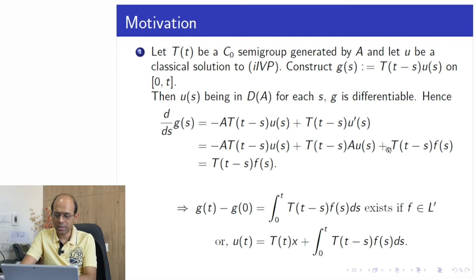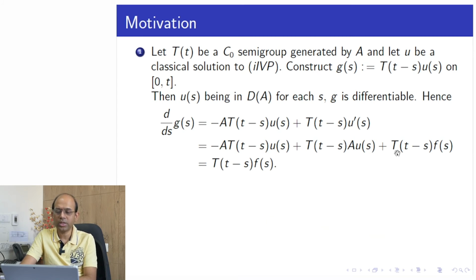So T(t minus s) A u(s) plus T(t minus s) f(s). So here I have minus A T(t minus s) u(s) plus T(t minus s) A u(s). I can interchange A and T here, because after all u is in the domain of A. Then these two are just negatives of each other, so they cancel, and what we are left with is just T(t minus s) f(s).